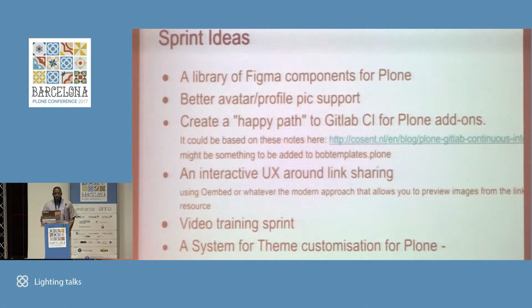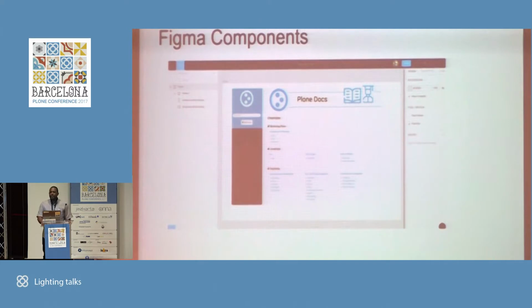So here are a couple of sprint ideas that I've been playing with, and I certainly can't do all of them. I'm still trying to figure out which one I'm going to do. Figma. Figma is a UI and UX development tool where you can draw and design stuff, but it's great for creating components.